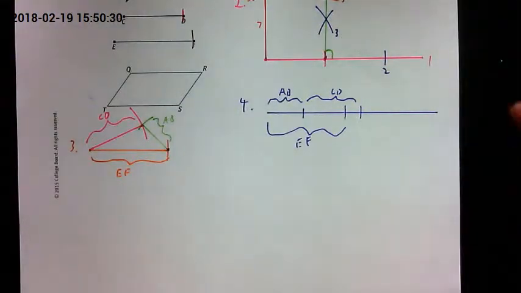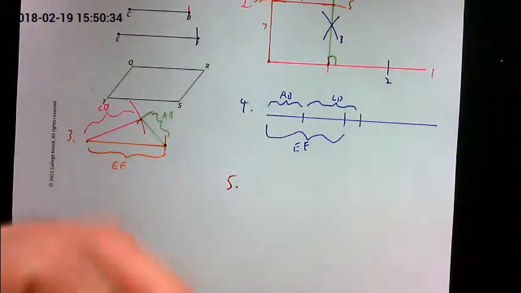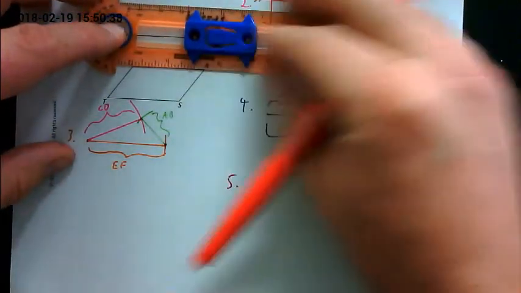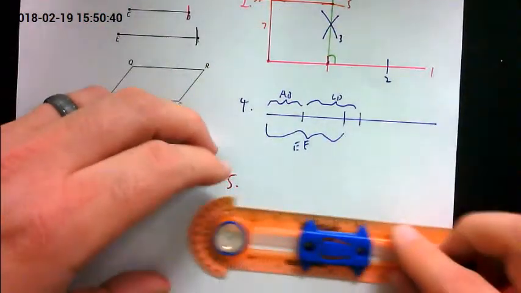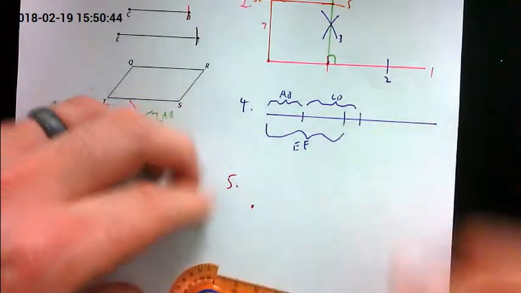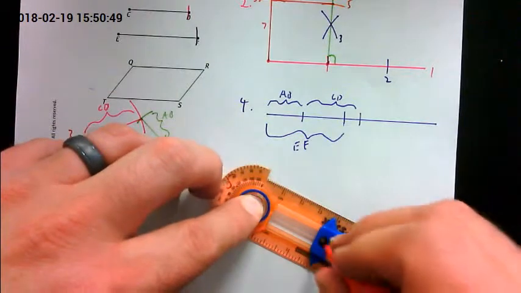Do the same one on number 5 over here. So for number 5, we have EF. Let me adjust my compass. I already got EF on there from the last one. Actually, let's do it the same way I did the last one. So I'm going to do it different than on the first sheet. Draw my arc first.